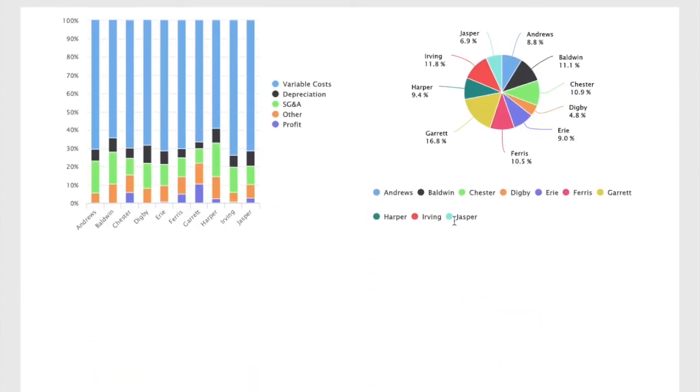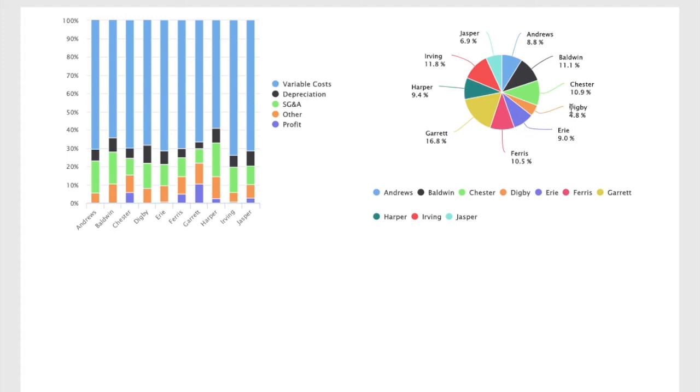Okay, so who is getting the biggest pie here? Team Garrett again. Associated with sales, right? Team Garrett is getting the biggest sales here, and Team Baldwin and Irene and other teams are getting a piece of the pie.